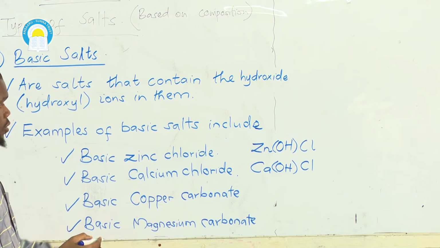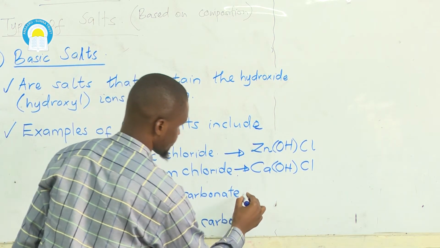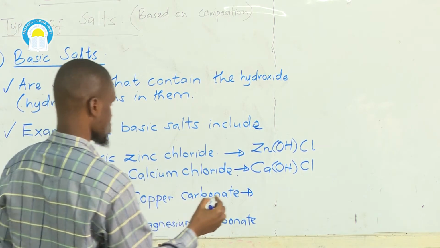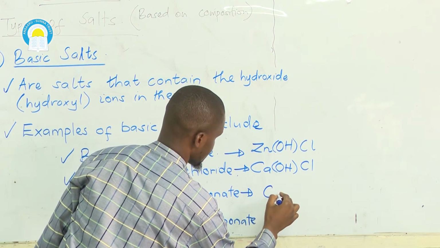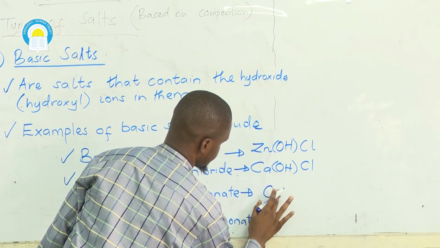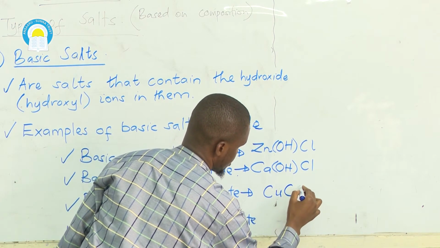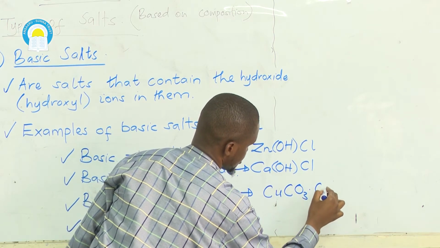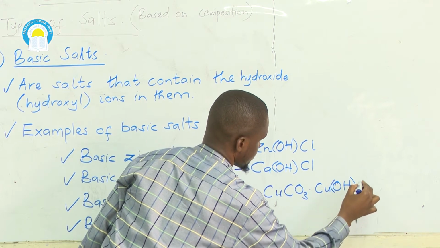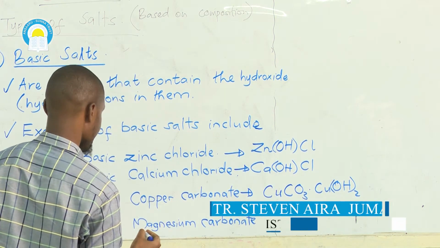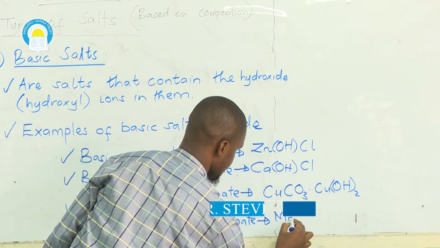Talking about basic copper carbonate, we can talk about actually a double salt, also malachite, main constituent, we say, Cu dot Cu hydroxide. And we have also magnesium carbonate, basic.